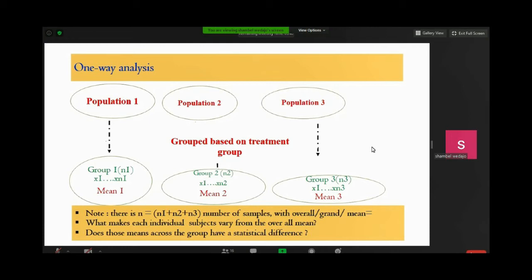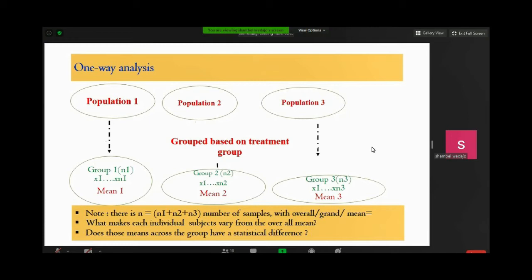So at the bottom, N is equal to N1 plus N2 plus N3, the total number of samples. And the overall grand mean will be each individual starting from X1 to the final in group 3: you add all and divide by the total sample size, N, and that is the grand mean.